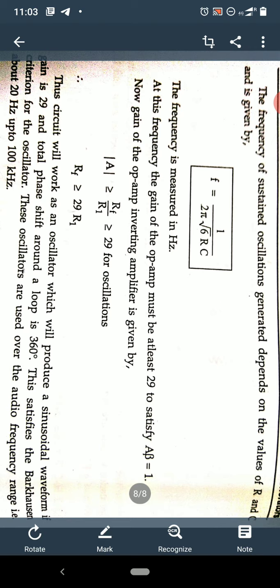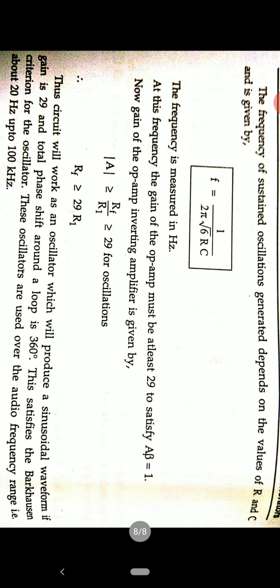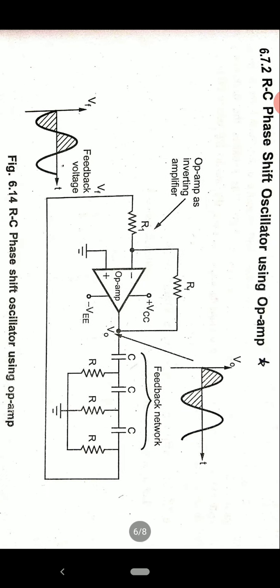So you need to select R1 so that RF is much greater than R1, at least 29 times R1 minimum. If it is more than that, it is well and good. By doing this, you achieve the second Barkhausen criterion, that A beta is equal to 1. Like this you can generate sustained oscillations using an RC phase shift oscillator.